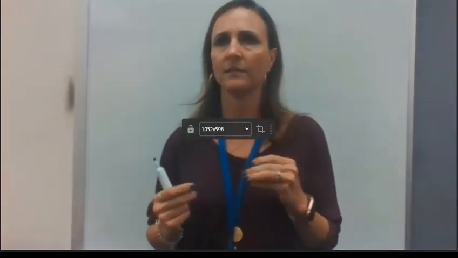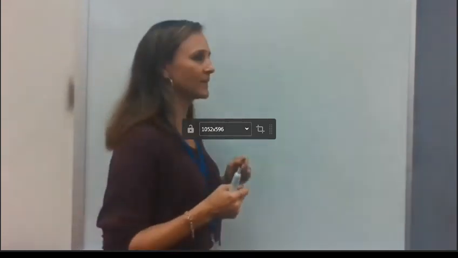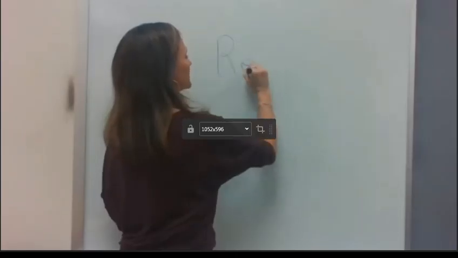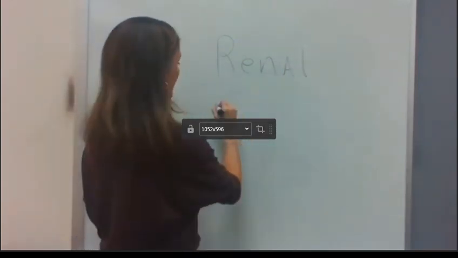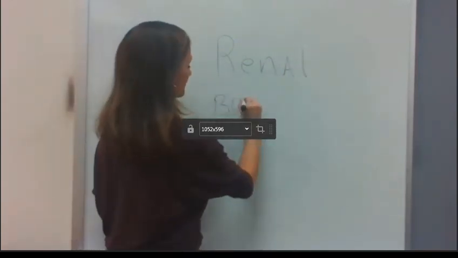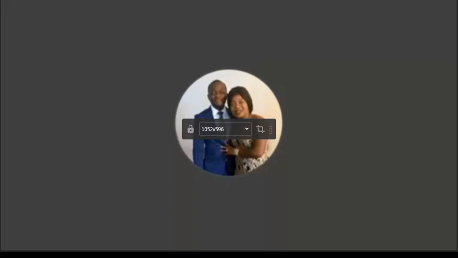Let's think about that for just a second. Does anybody know the answer? What system can glucophage affect? Renal? Absolutely. Absolutely. All right. And out of the renal, I've got a BUN and a creatinine.